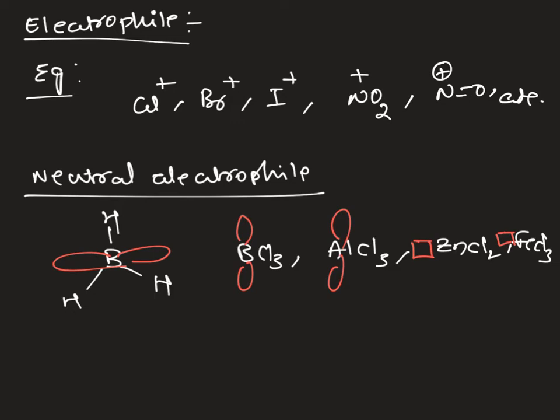So all of this comes under electrophiles. In the case of positive charges, I have written halonium ions, nitronium, nitrosonium, and carbocation also comes under electrophiles, having a positive charge. So these are some examples for electrophiles.